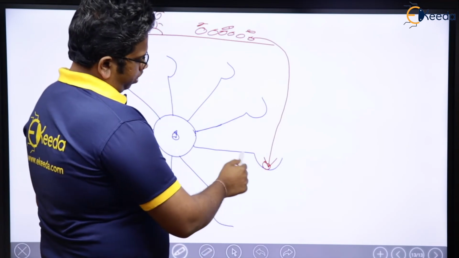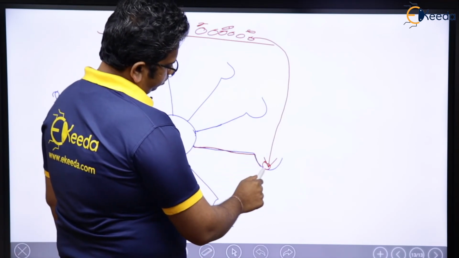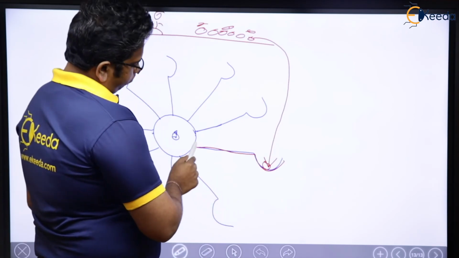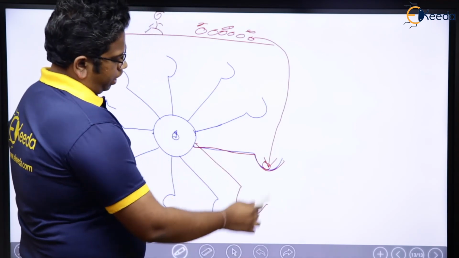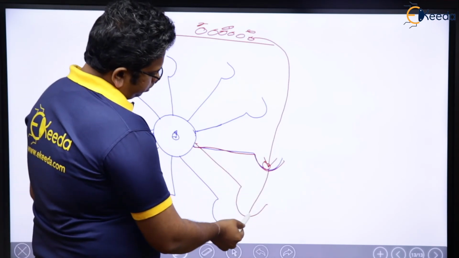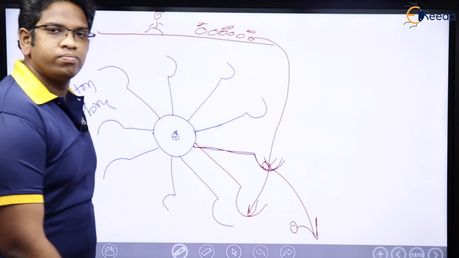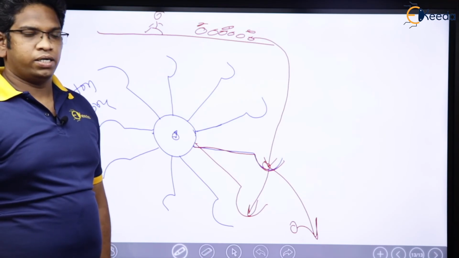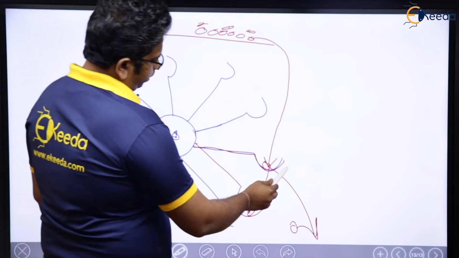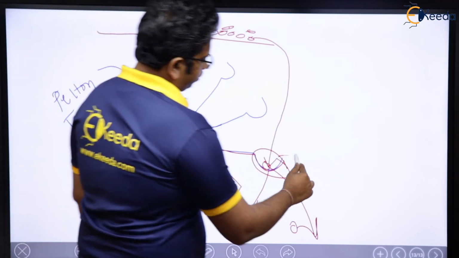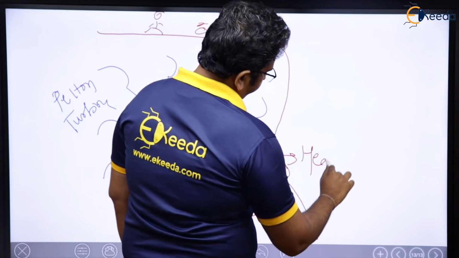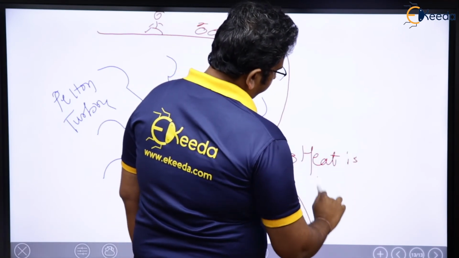The moment the first stone comes here, the turbine blade will come here, and the stone will fall down. So, the moment this stone hits it, heat is going to be produced or not? Heat is produced.